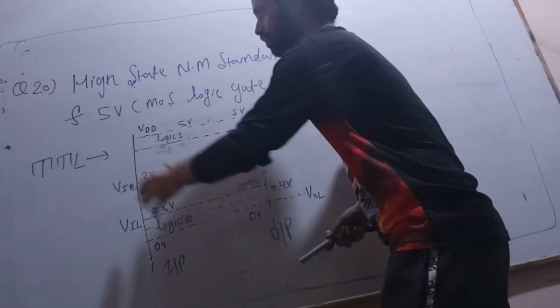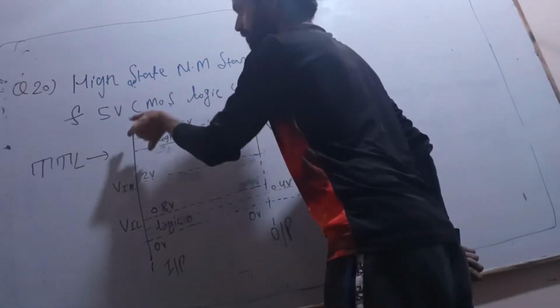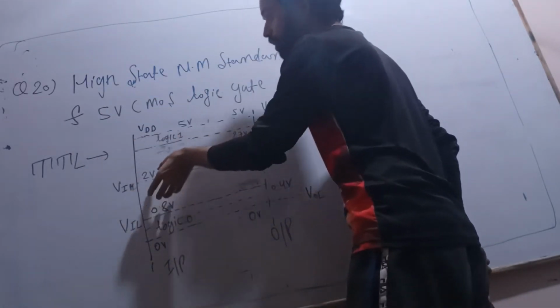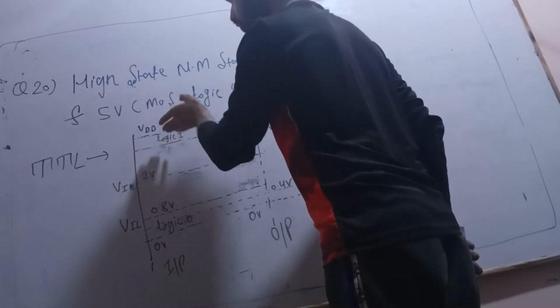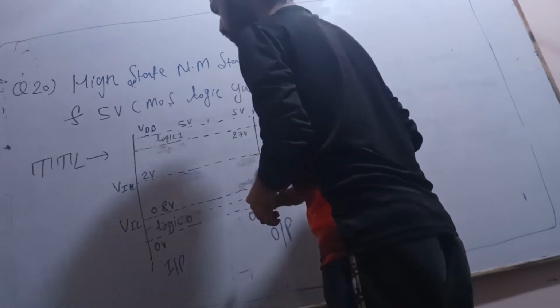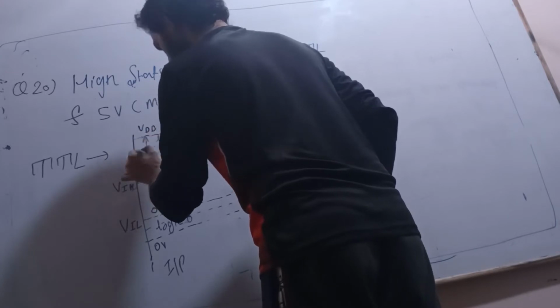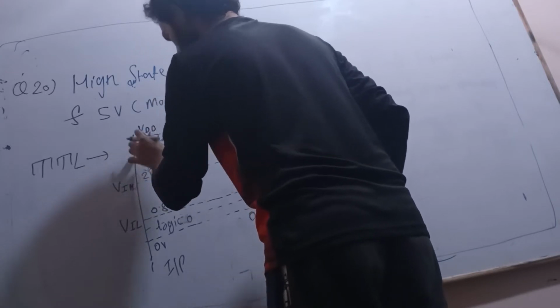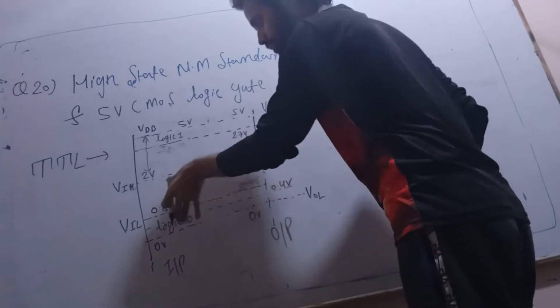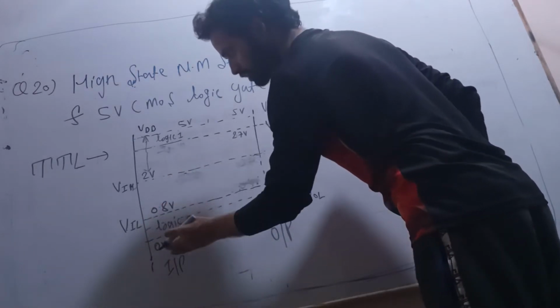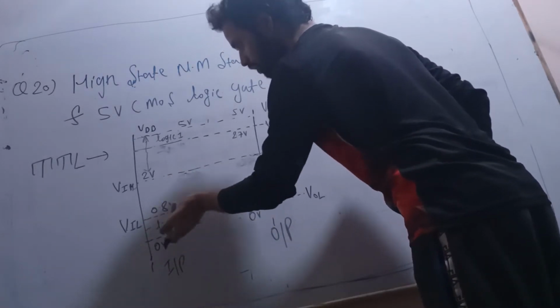Input side for TTL is 0 to 0.8 volt for logic 0, and 2 volt to 5 volt for logic 1. In this range it will give logic 1, and in 0 to 0.8 volt it will give logic 0.